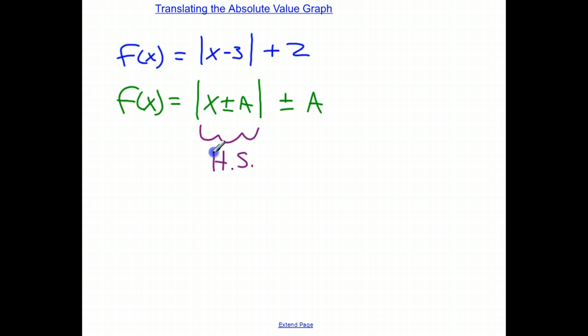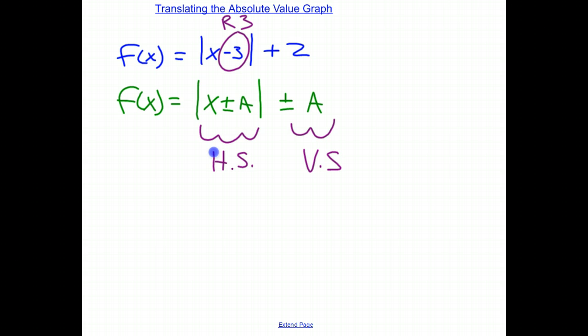Knowing that, the problems become pretty simple. Here is my horizontal shift. The tricky thing is you'd think that you would go to the left 3, but this is actually counterintuitive. You go the opposite of that sign. So we need to go to the right 3 because it's a minus sign. If it were plus 3, we'd go to the left. That's the only one where it's like that.